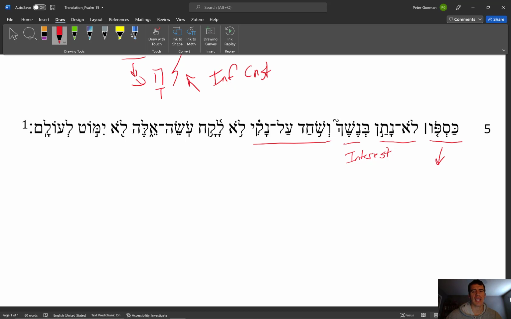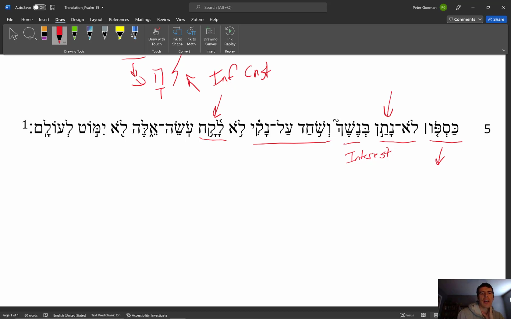So he does not take a bribe against the innocent or the blameless. And again, the parsing on these is pretty easy. It's just Qal perfect 3ms for all these verbs, because it's just talking about the normal character. So a bribe against the innocent he does not take.